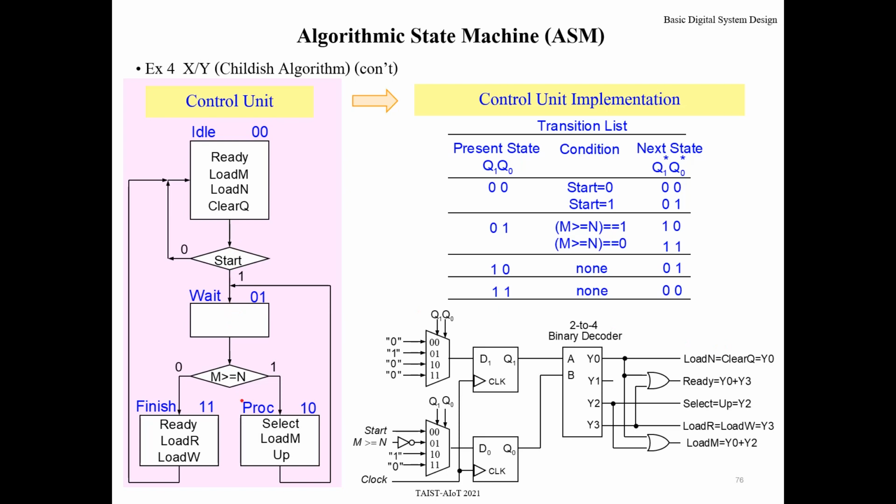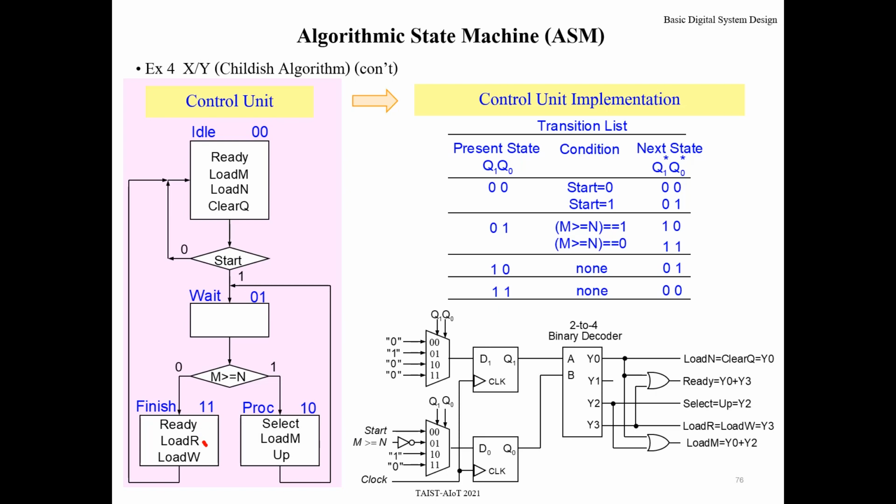And what else? Select will be active generally at state 1 0, or Y2. Select and up are also active at this state, so connect them to this Y2 and ready.